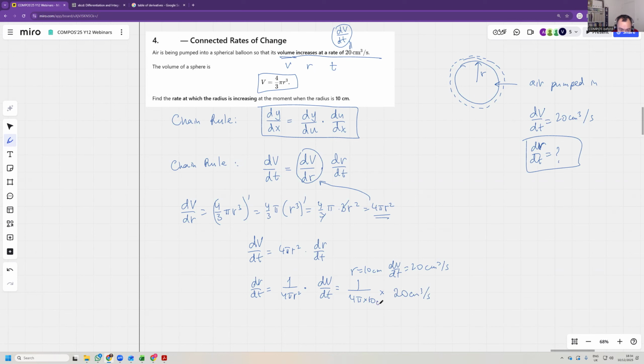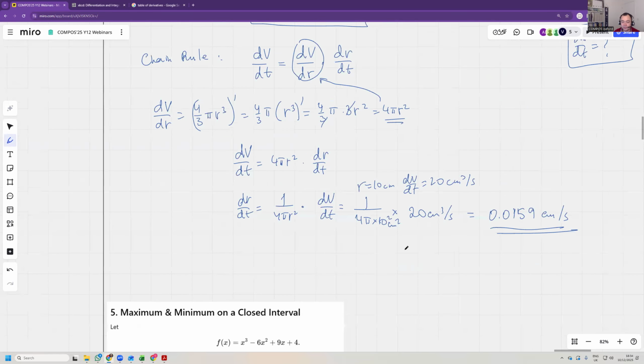This is centimeters squared. So that is 20 divided by 4, divided by pi, divided by 100, which is 0.0159 centimeters per second. So that's the rate at which the radius is increasing.